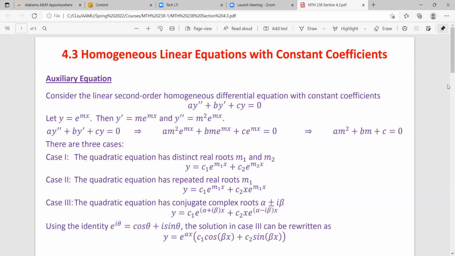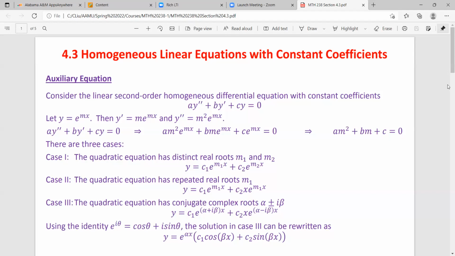But if you know Euler's identity, e to the i theta equals cosine theta plus i sine theta, then we can rewrite the solution in the other form, e to the alpha x times C1 cosine beta x plus C2 sine beta x.